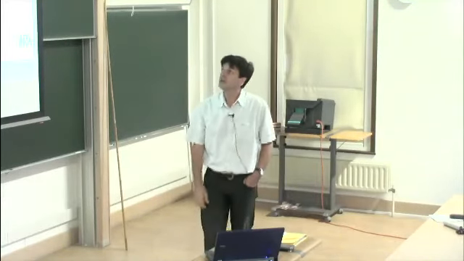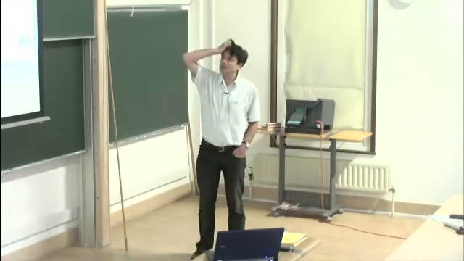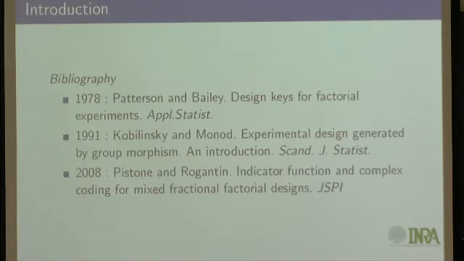So, introduction. I said it would be a very short bibliography. There are papers by Mike Franklin, by Desmond Patterson, by Rosemary, in the 70s on the idea of constructing fractions, regular fractions, through design keys. I will explain later more precisely what the design key is.